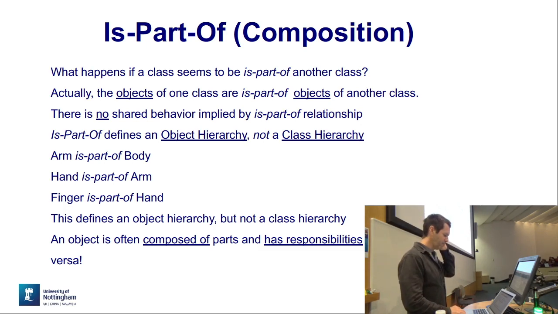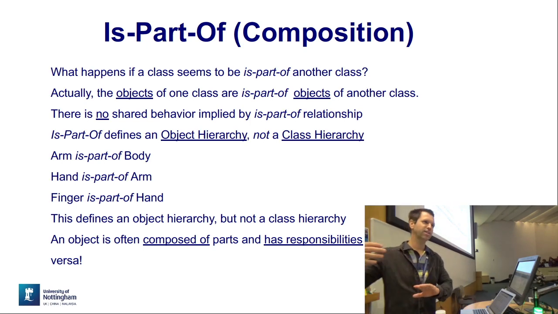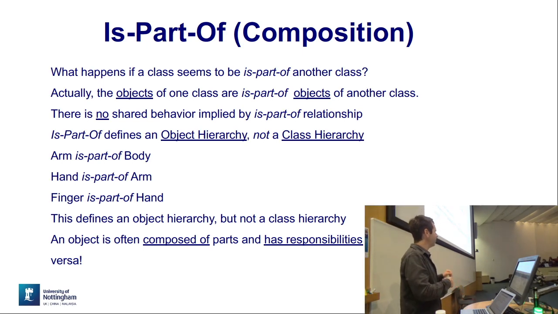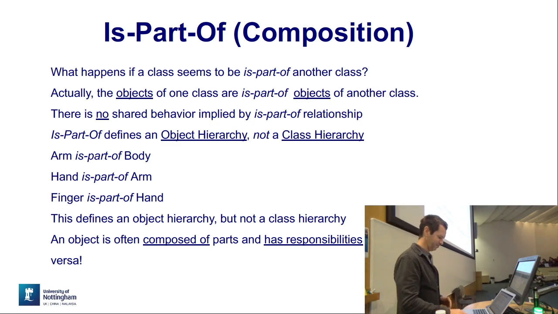An object is composed of parts and has responsibilities for those parts, but not vice versa. In other words, the arm is responsible for the hands, and not the other way around. And I could theoretically lose my hand and attach a different one, and the arm would still know how to handle the new hand. Not the best analogy, but you get the idea.